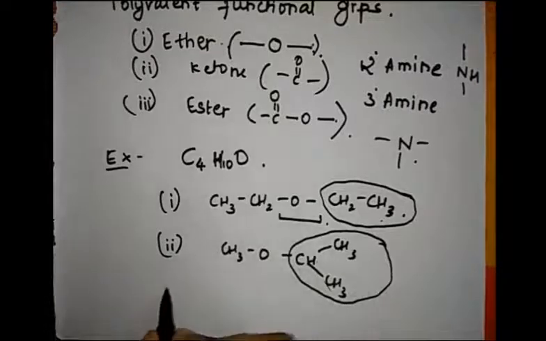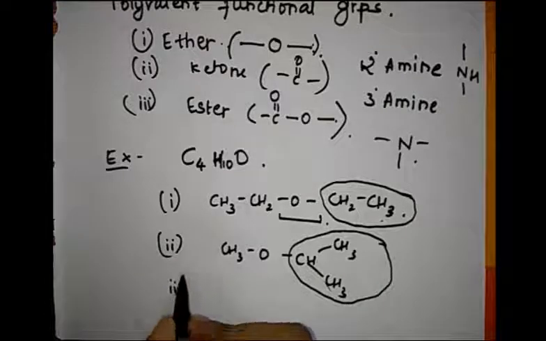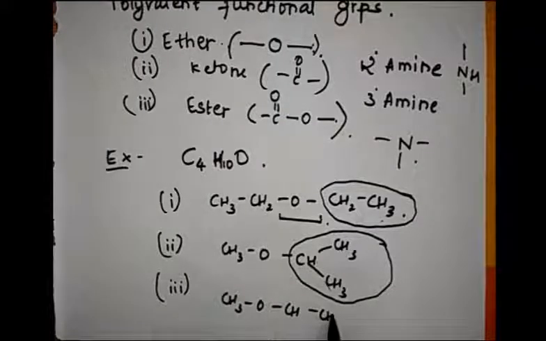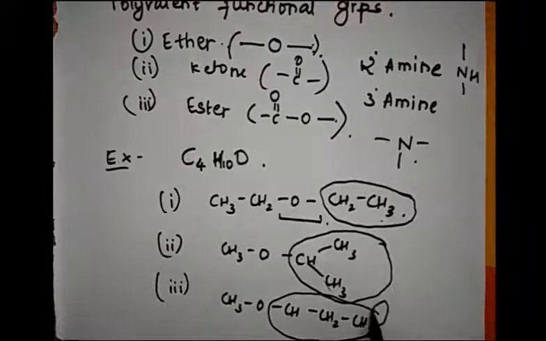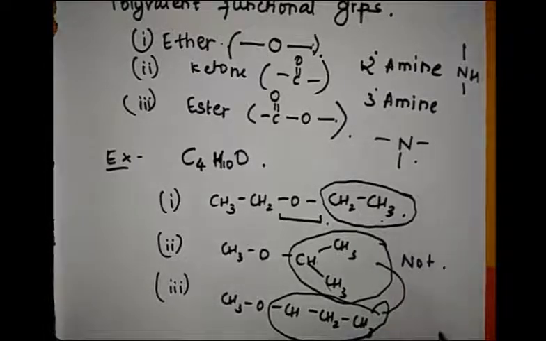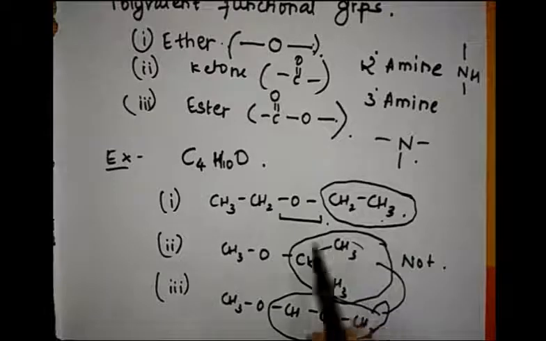Now still it can be written as CH3 O CH(CH3)CH3. Now you'll find that this third one and second one, these both are not metamers, as these two alkyl groups are the same.